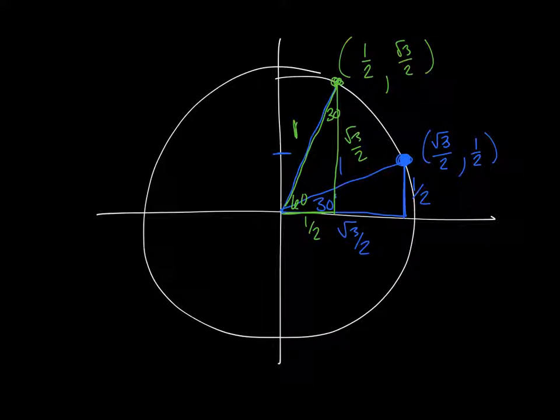So what I do is remember that I have 1/2 and root 3 over 2. If I'm looking at 30 degrees or 60 degrees, my job is to figure out whether the x value is going to be bigger or smaller. Root 3 over 2 is a bigger number than 1/2. If you think about root 3, it's bigger than 1 because 1 squared is 1, 2 squared is 4, and I'm looking at 3.